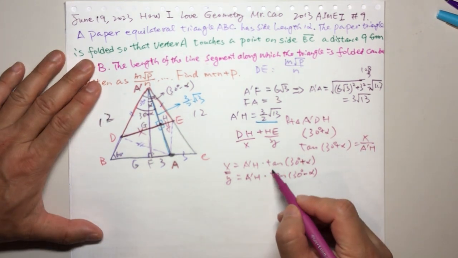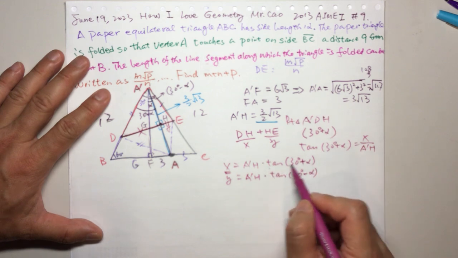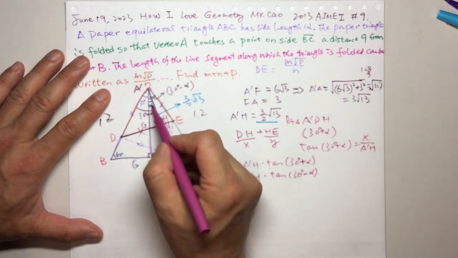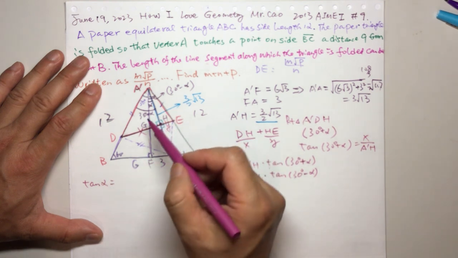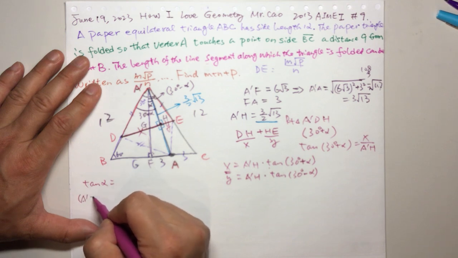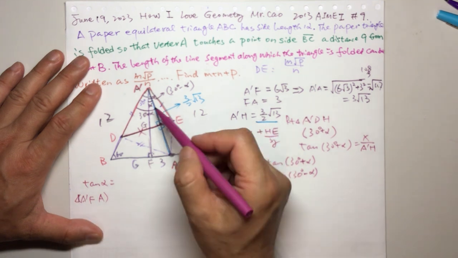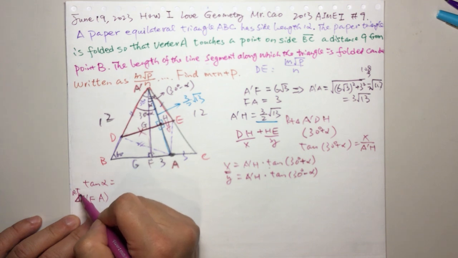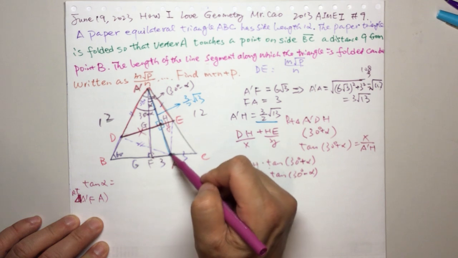And if we are familiar with the formula for tangent of alpha plus beta, then we can easily get it, because we know tangent alpha in the triangle A prime F A. That's a right triangle, right?